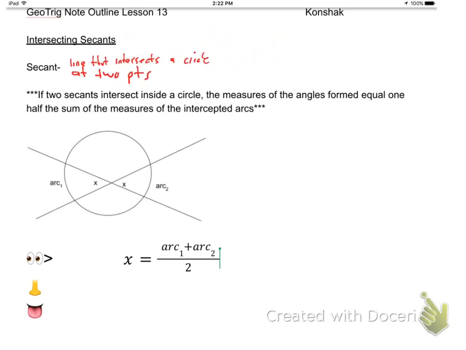So just move that, guys. Line intersects a circle at 2 points. So obviously, if you look at the little diagram right there, we have how many secants? 2 of them.